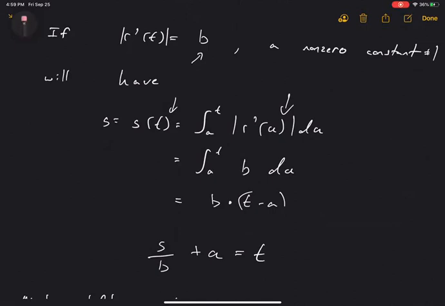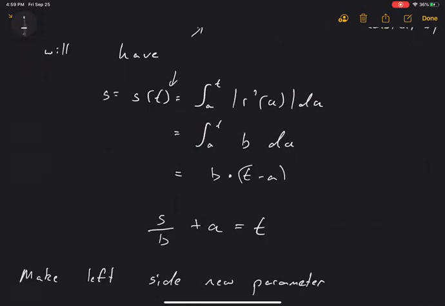It's constant b. Well then, if this is a constant, what's that integral? It's just going to be b times (t minus a), right? In other words, I have my arc length between a and t given by this right here.